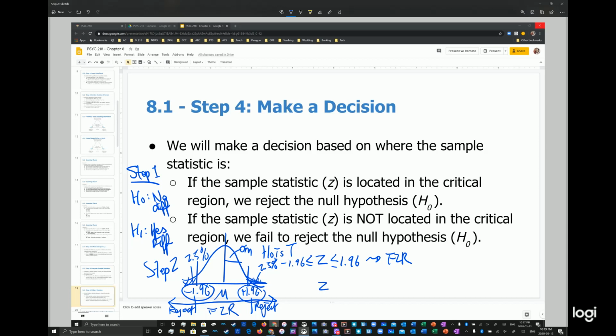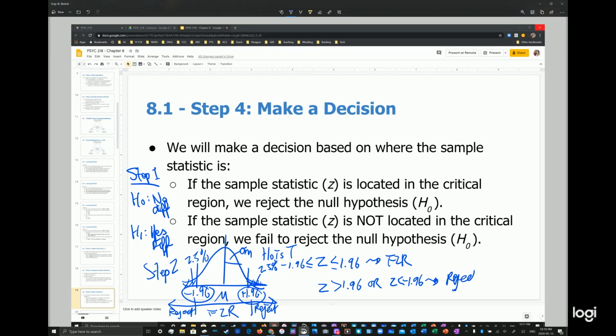If the z-score is above 1.96 or it's less than -1.96, then you're going to reject the null because that value is really extreme. Okay.